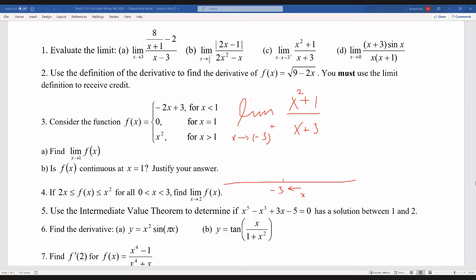Okay, let's say if we put negative 3 inside, you will have 10 over 0. So the answer is either positive infinity or negative infinity. You have to decide a sign, positive infinity or negative infinity. You have to ask yourself, right? Now the numerator is always positive. Now x goes to negative 3 from the right side. What does it mean? It means that x is larger than negative 3.